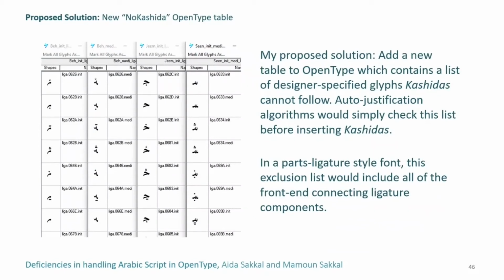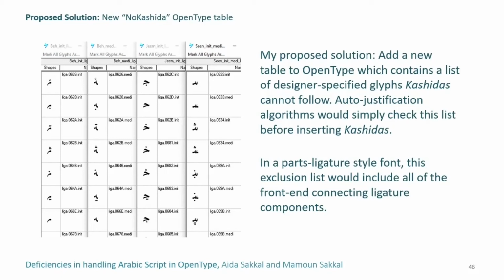As font designers, we have limited control on OpenType processing and line layout mechanisms. Even if the JSTF justification table is implemented, it doesn't really seem to be anywhere at the moment, there still wouldn't be a way to prevent these auto-justified kashida breaks. So back in 2013, I proposed that a new table be added to OpenType, which would allow a designer to designate glyphs which aren't allowed to have kashidas inserted after.